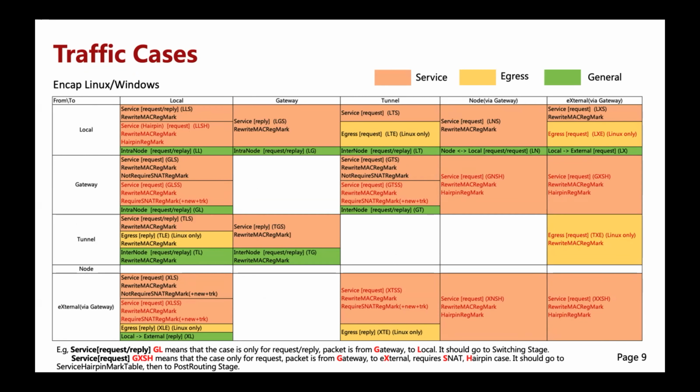Traffic is divided into 3 categories: service, egress, and general. Egress is also a subset of general. There are four sources: the packet sources and the types of destinations.